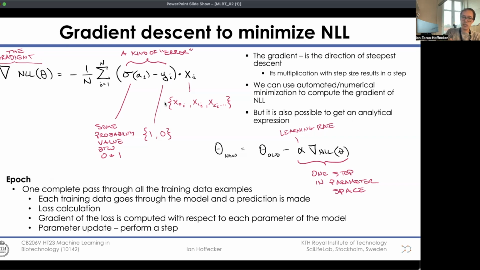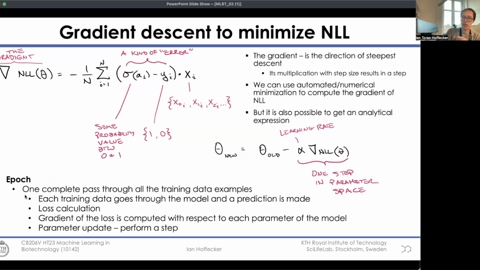Or in our case here, we don't even need to compute the negative log likelihood because we have an expression already for the gradient. So in this case, we skip this and we compute directly the gradient with respect to each parameter in the model. And then we perform an update. So we perform this step here. And then we go back to the beginning and repeat the process.